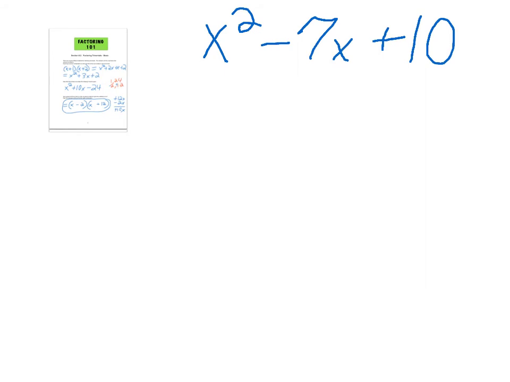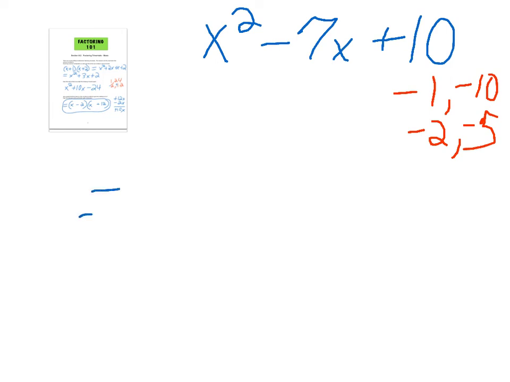So let's think about what those factors could be. For 10, we could have negative 1 and negative 10, which would give us a negative 11. That's not going to work. And we could have a negative 2 and a negative 5, which gives us negative 7. So that is the right combination there.